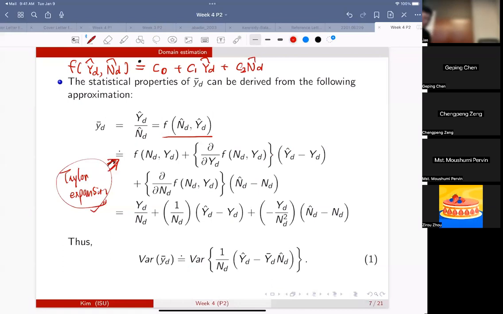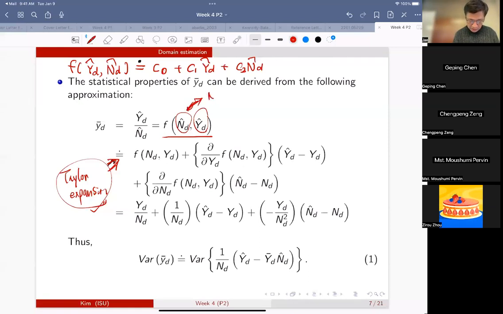We have two random variables here, and the Taylor expansion will be used around the expectation of these two random variables.